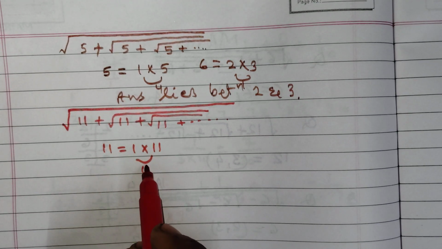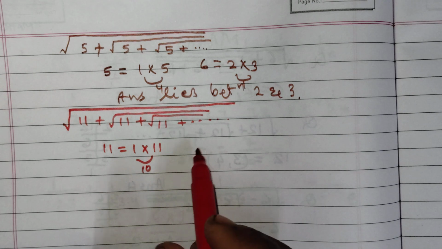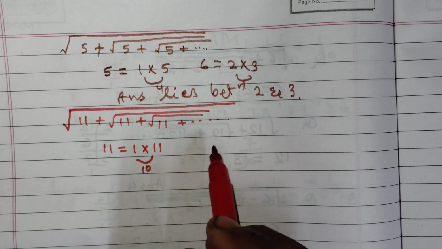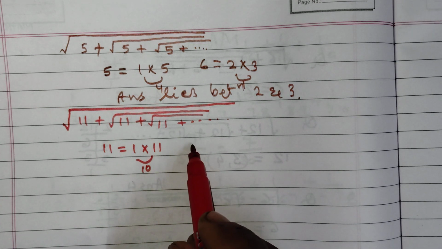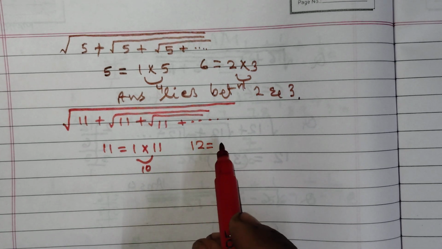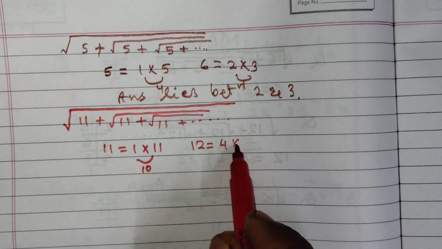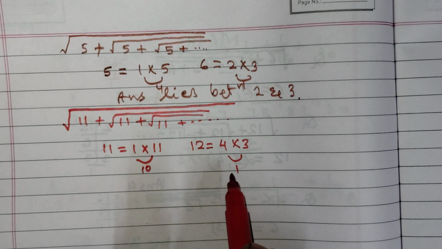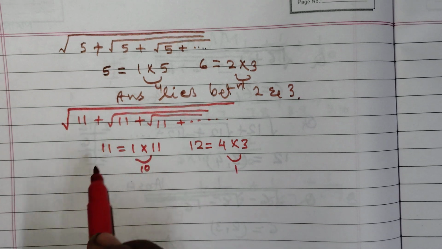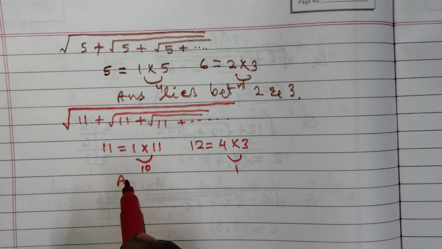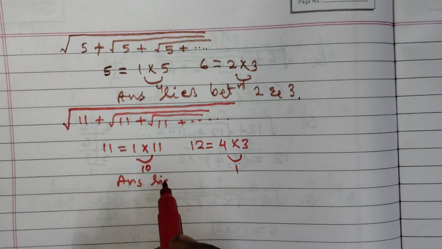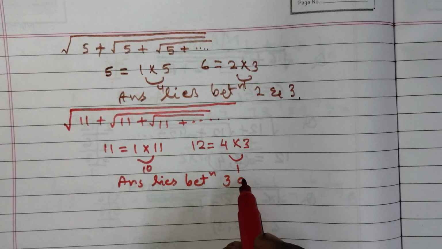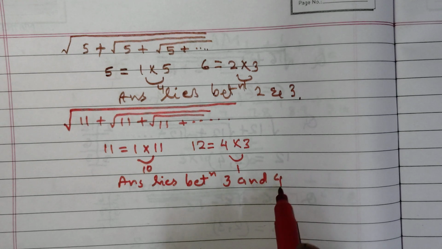It has difference 10, so it is rejected, because the difference is not 1. So the next number after 11 is 12. Its factors are 3 and 4, and 3 and 4 have difference 1. So this is selected. The answer of this question lies between 3 and 4.